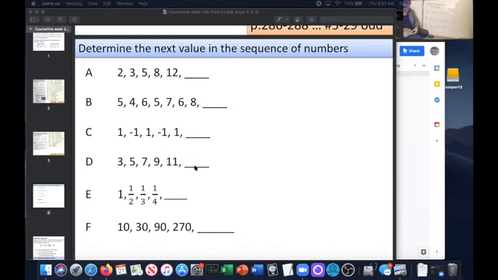Any volunteers? Would it be 13? 13. Okay, notice this is a linear pattern because we're always going up by 2. We're always adding 2. A was not, because what we added to the previous number changed. D is.